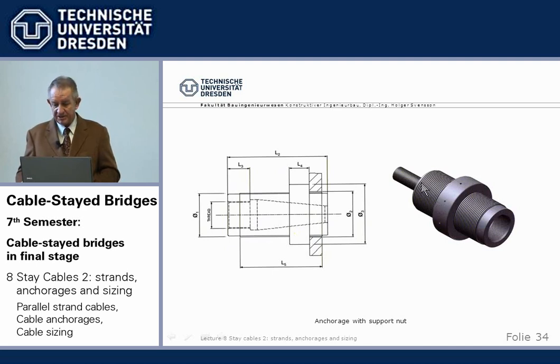And if we pull at the jack, pull it longer, then we can screw on the support nut further. That means the cable length is defined by the position of the support nut in practice.